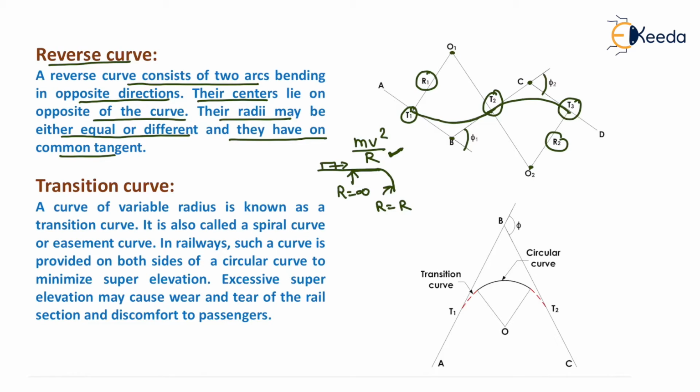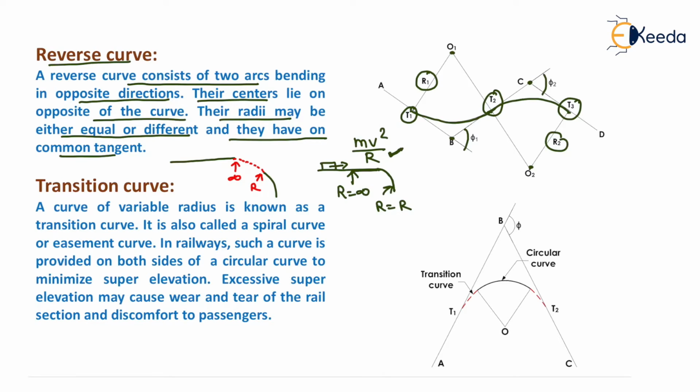Now if we want to provide a safe journey or a safe alignment of a particular road, then we need to provide a transition curve between the circular curve and the straight alignment of the road, just like this. If this is the straight alignment of a road and this is a circular curve, then we need to provide a transition curve of variable radius, starting with the radius equal to infinite to the radius equal to r.